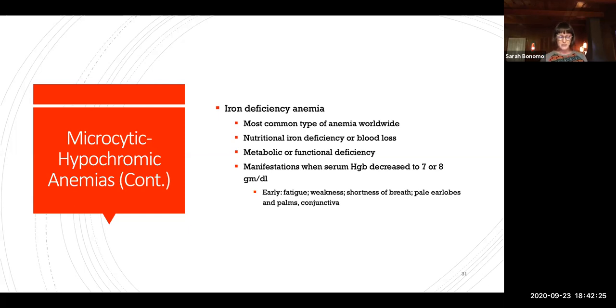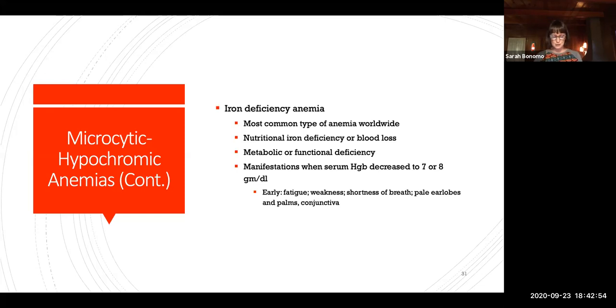Really common in the world and in the United States, certainly. So it's basically a nutritional iron deficiency or as a result of blood loss. So if somebody has been in a motor vehicle accident and experienced a significant injury where they have bled a lot, we would anticipate that they would have a hypochromic anemia.